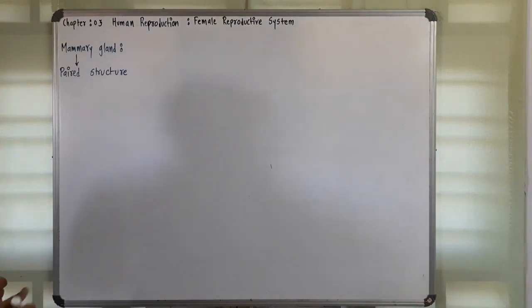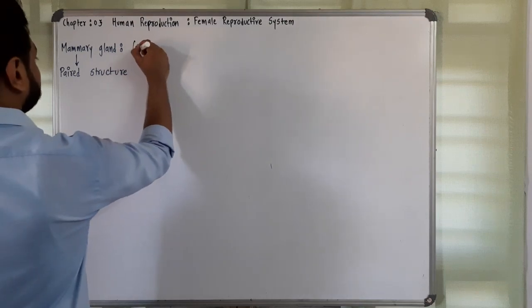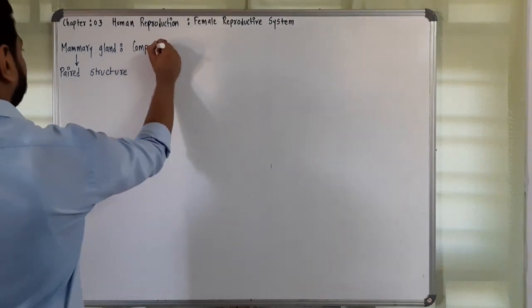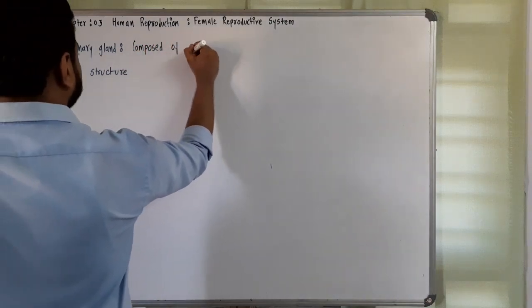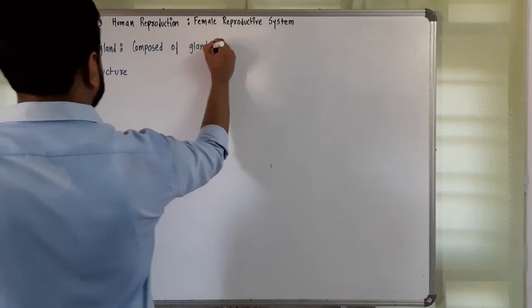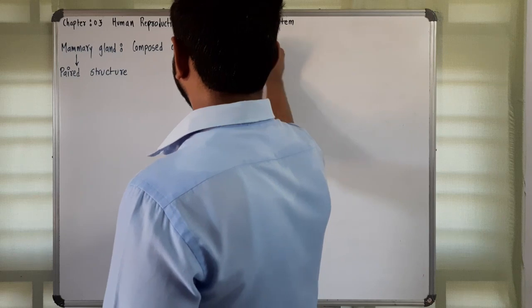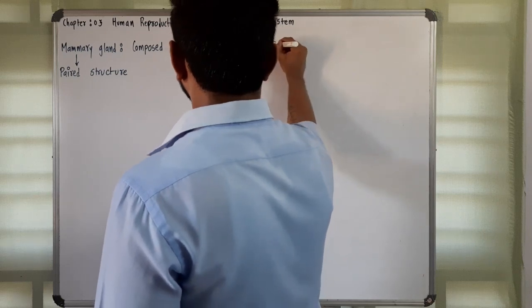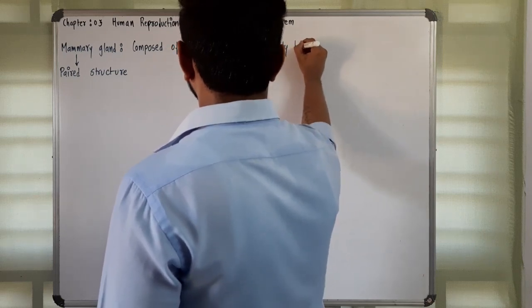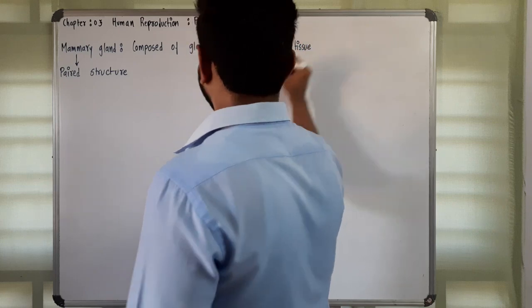Mammary gland is composed of two types of tissue: glandular tissue and fatty tissue. This is the main thing.